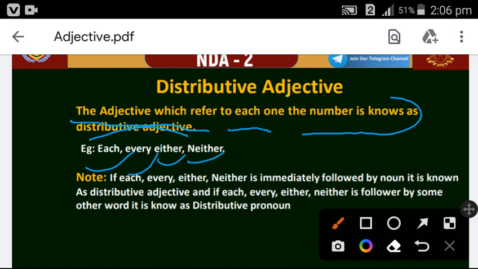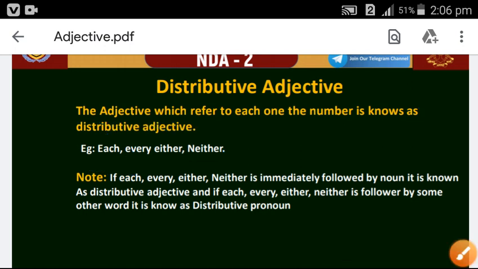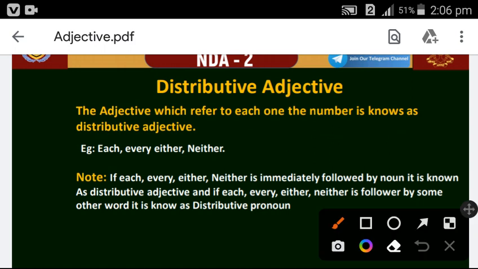And note, mark my point. If each, every, either, neither is immediately followed by a noun, it is known as a distributive adjective.